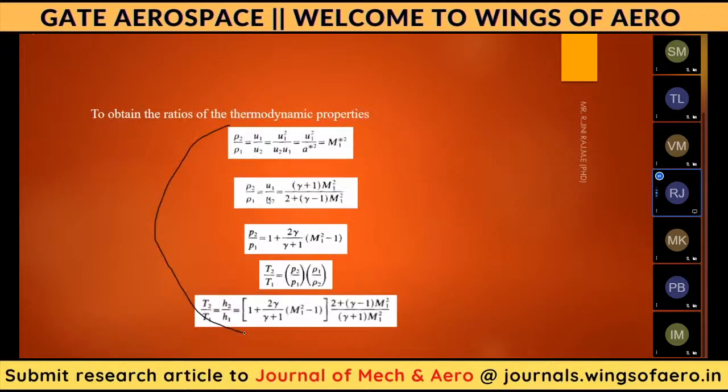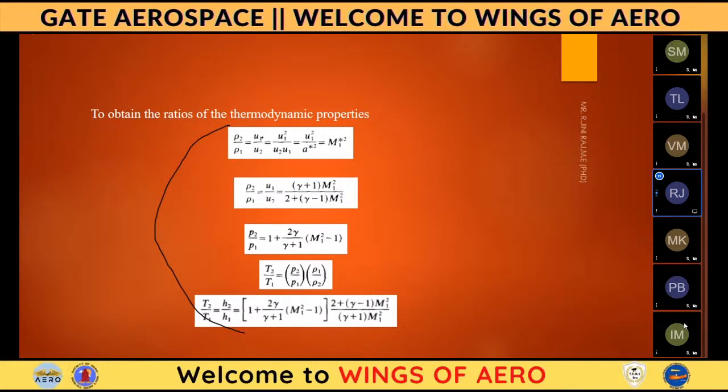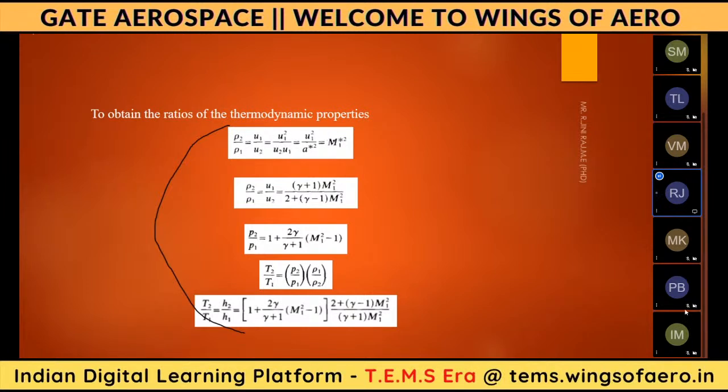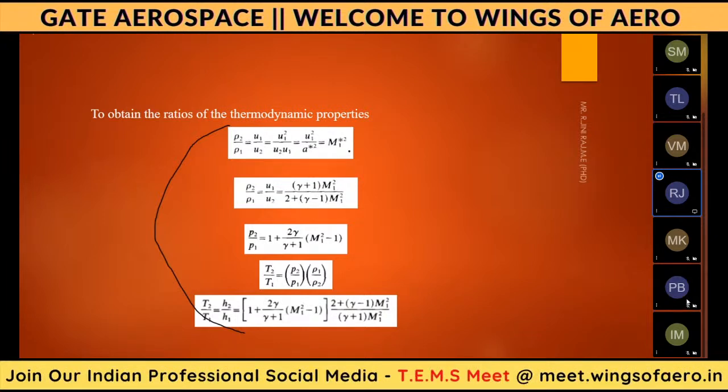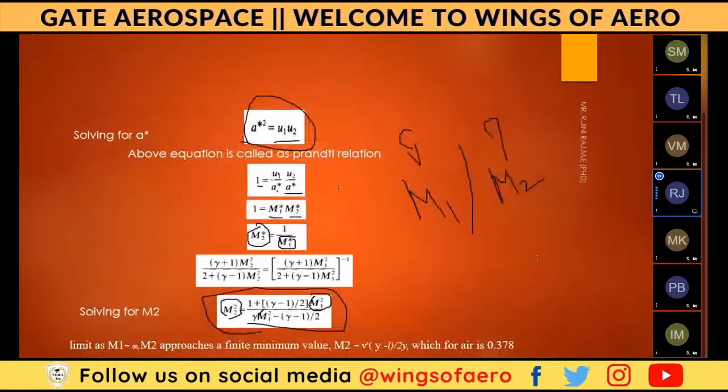So the thermodynamic relations we know from the continuity equation, rho1 u1 equal to rho2 u2. From that, rho2 by rho1 equal to u1 by u2. So from that, you'll be getting u1 squared divided by a squared, that is equal to M1 star squared. Same way, rho2 by rho1 equal to u1 by u2, and that is gamma plus 1 into, this is the formula.